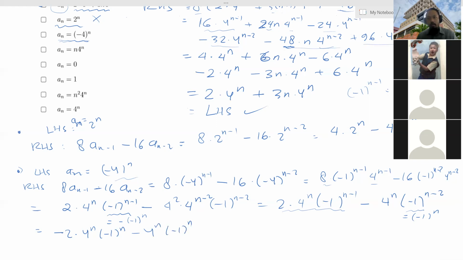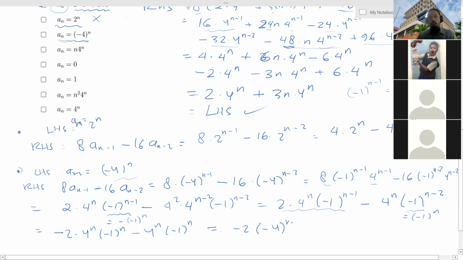Now that means this is equal to minus 2 times minus 1 times 4, so minus 4 to the power of n. And this is minus 4 to the power of n.